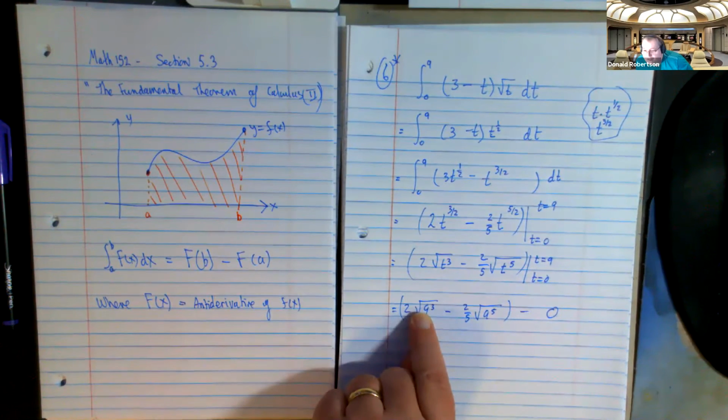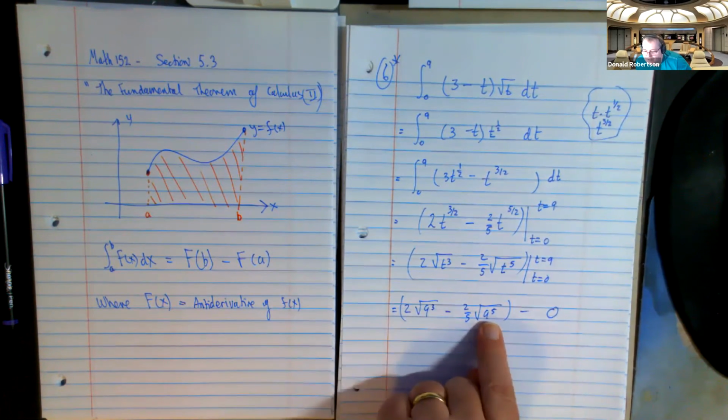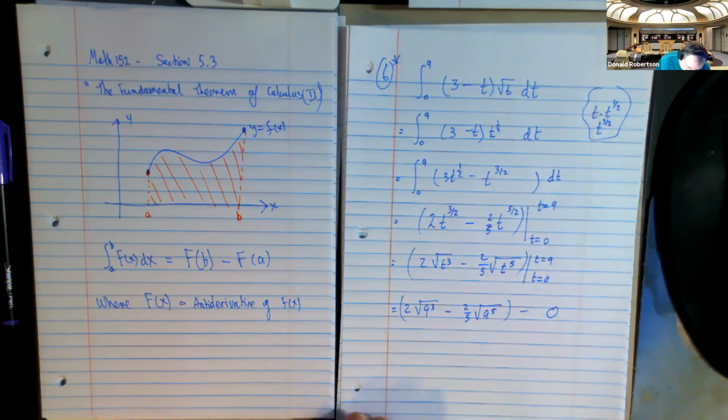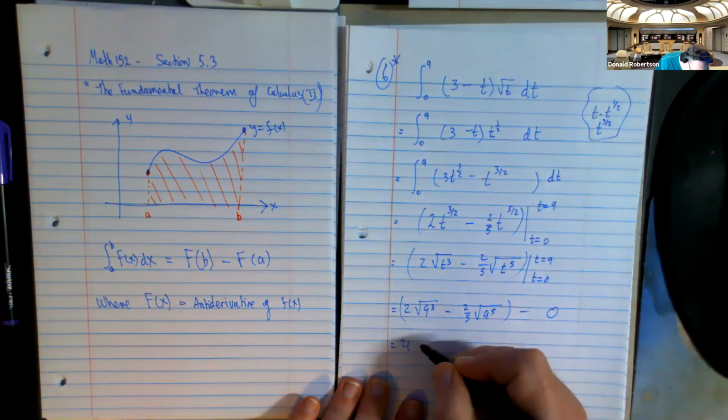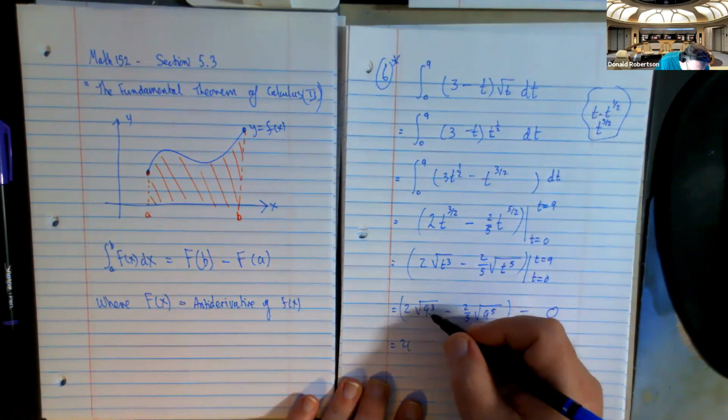Now, this guy can be simplified a lot, and this guy can be simplified a lot. And they actually come out as nice numbers. This one becomes 3 cubed, which is what? 3 cubed is 27.